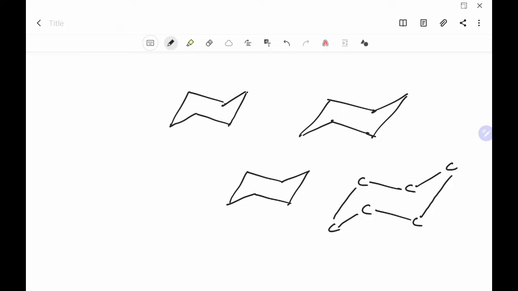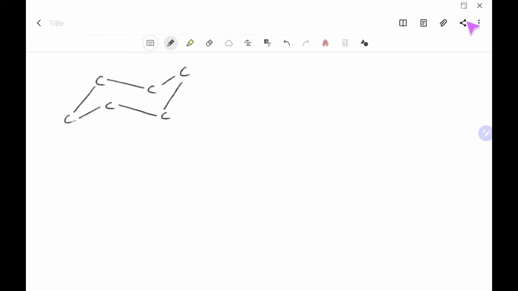This is how you draw the chair conformation for cyclohexane. Now everyone knows how to draw it. You should not take more than about 5 seconds to draw a nice looking chair conformation for cyclohexane.